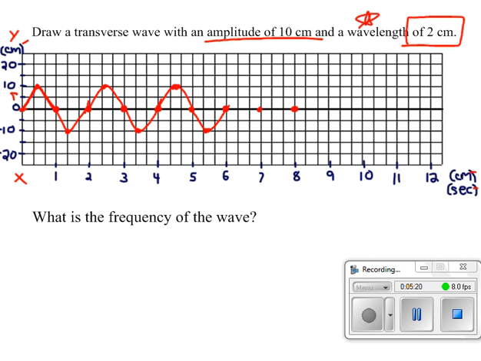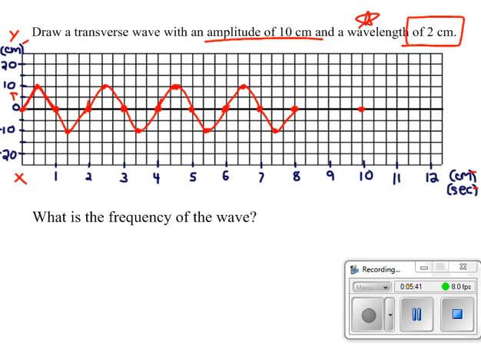I need my halfway point, so I put a dot there. Again, drawing my crest, I go up to 10 centimeters. Drawing my trough, down 10 centimeters, and complete the wave.